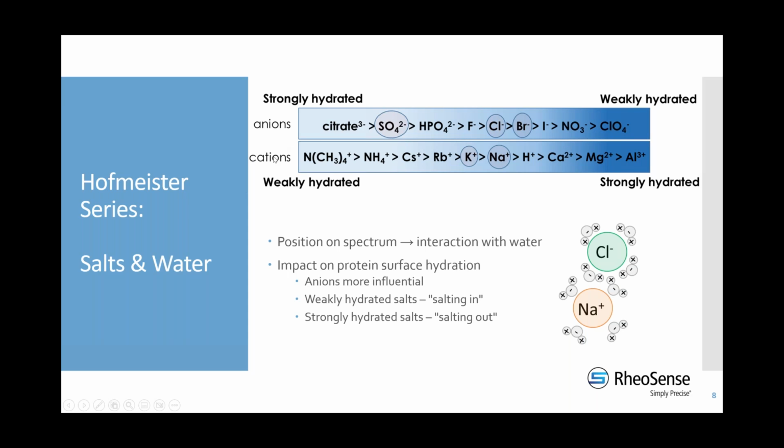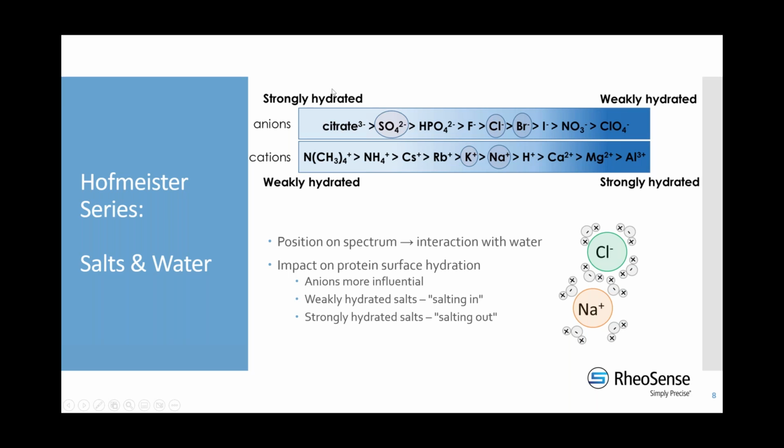Both the anions and the cations are put on this spectrum, although the anions tend to have more influence over the behavior of proteins and antibodies in solution, so we'll focus on the anions because they are more significant.